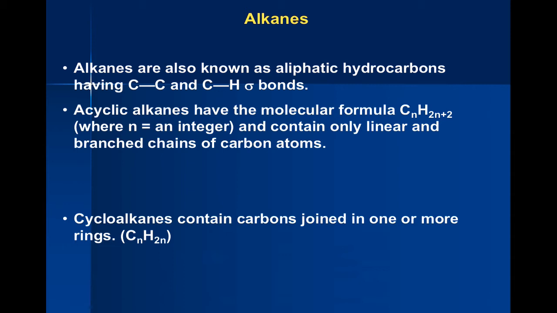So C4. So without actually drawing in the hydrogens, predict using the formula what my H number should be. 10. Right? Because it's CnH2n+2. And in fact, that's correct because I can have 1, 2, 3, 4, 5, 6, 7, 8, 9, 10. Right? It is considered what kind of hydrocarbon?